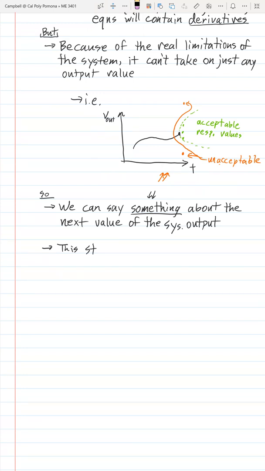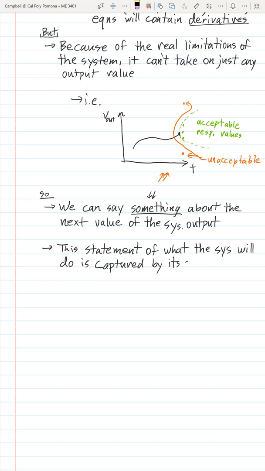So here, I'll say that the statement of what the system will do is captured by its governing equation.